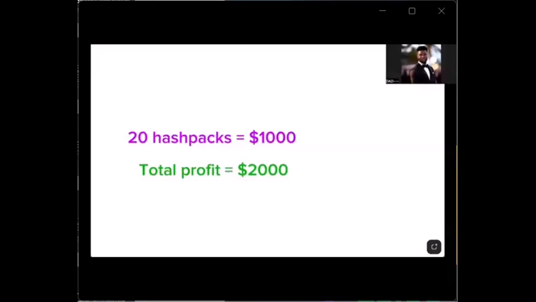I'm sure by now we all understand how much we can expect to earn from our investments, right? Between 25 cents and $2 per hashpack worth $50. But you might be wondering, if I invest in more than one hashpack, will I still earn only 25 cents to $2 daily? No. You just need to multiply the daily returns by the number of hashpacks you've purchased.